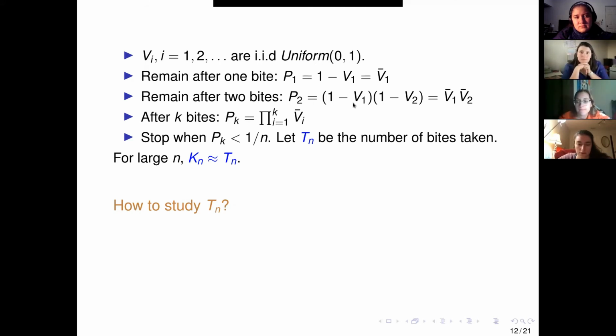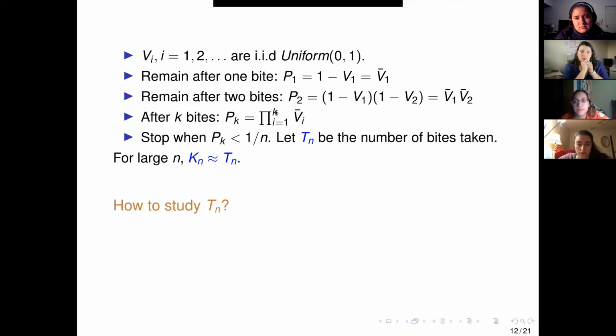So what I have left after 2 bites is 1 minus v1 times 1 minus v2. Now what happens after k bites? Well, I should recurse this. I have 1 minus v1 times 1 minus v2 all the way up until 1 minus vk.